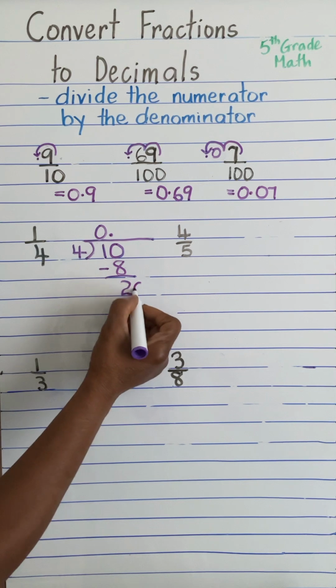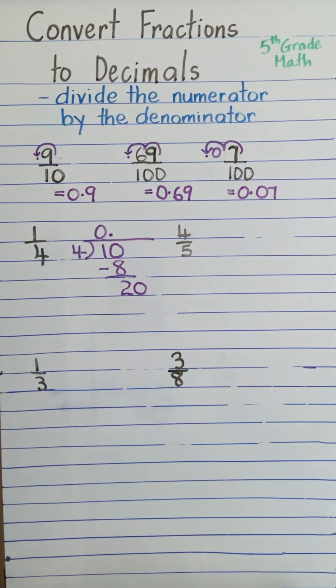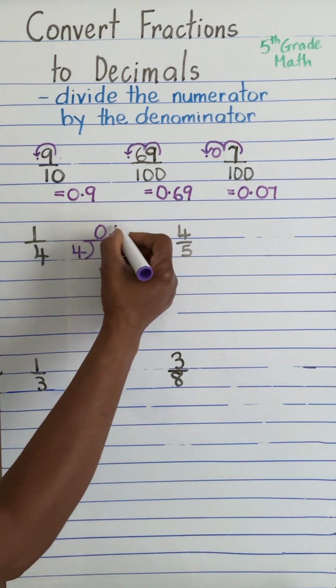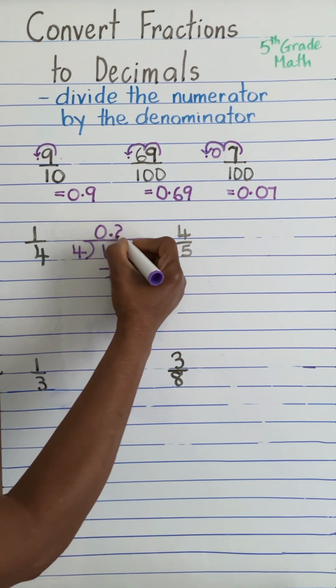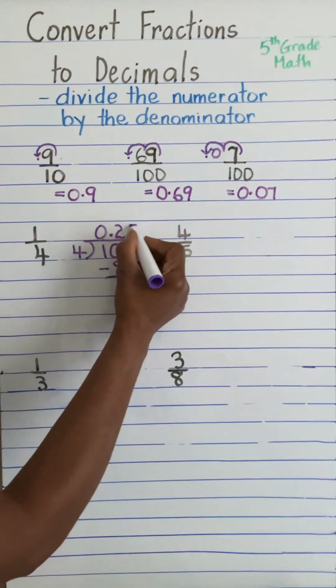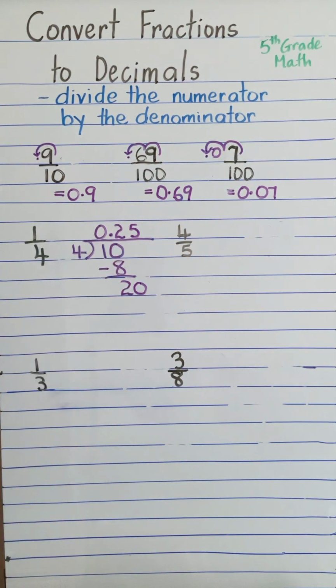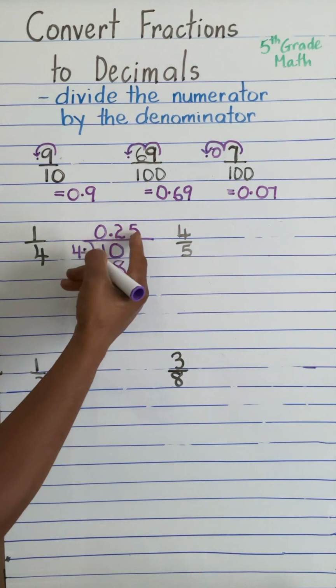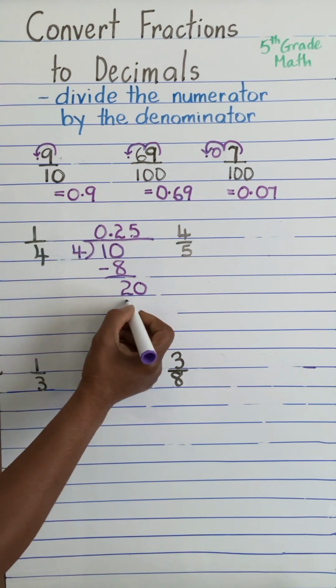We add another 0. Oh, we forgot to put our 2 right here. How many times can 4 go into 20? That is 5 times.